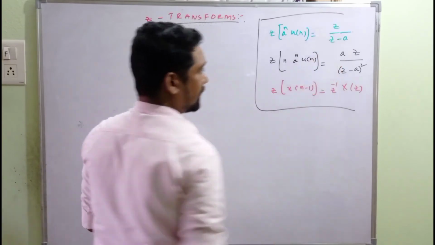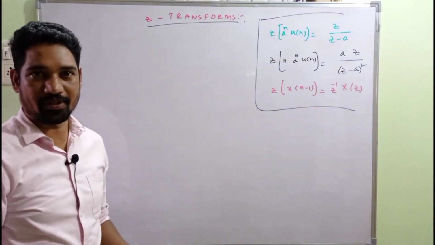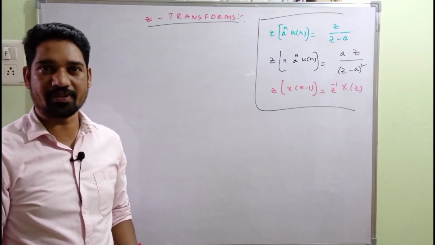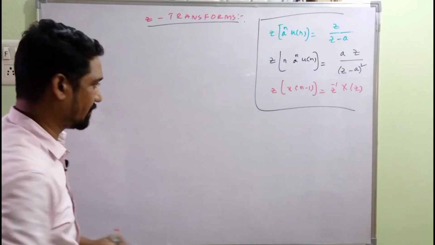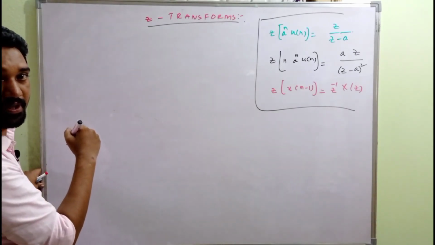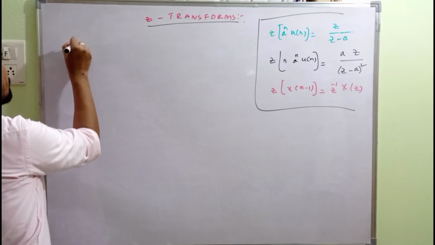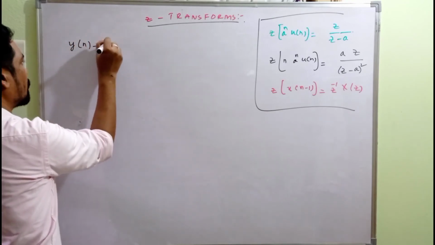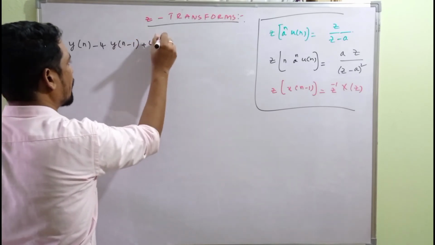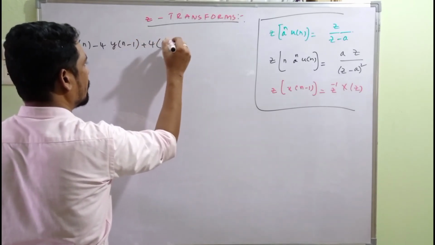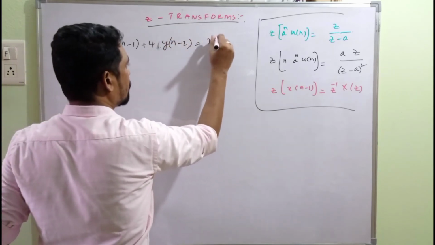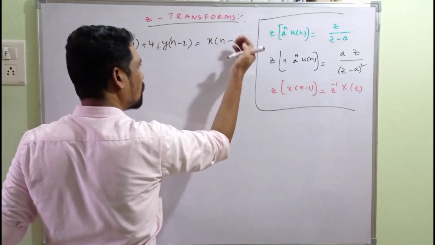Why did we derive this? Where do we find the application? Many times there will be a need of evaluating the impulse response of a given system. Considering a system described by the second order difference equation, let's say y of n minus 4 times y of n minus 1 plus 4 times y of n minus 2 is equal to x of n minus 1.